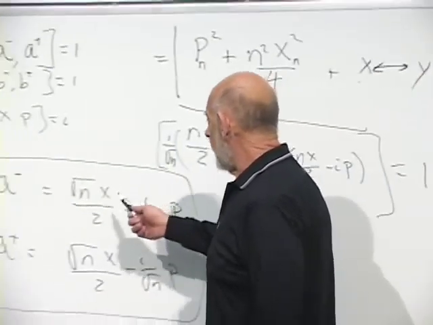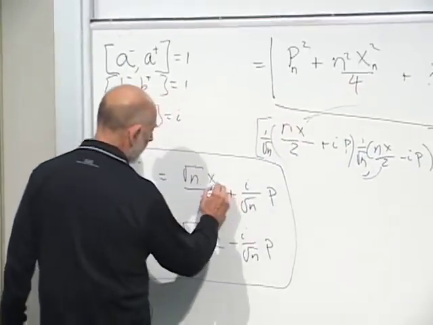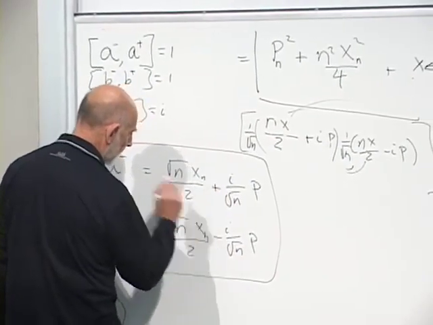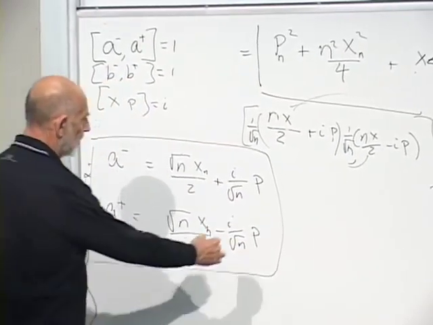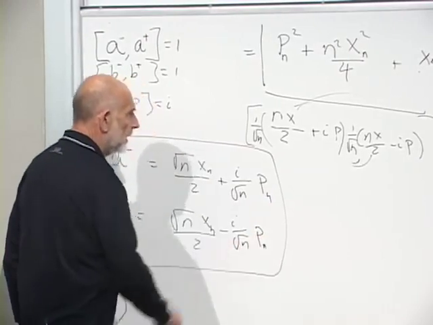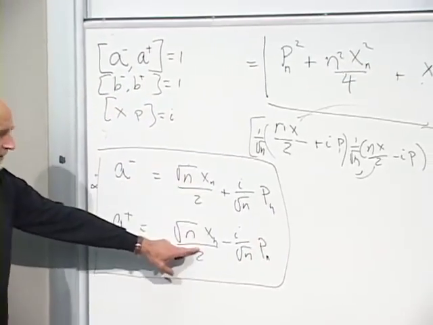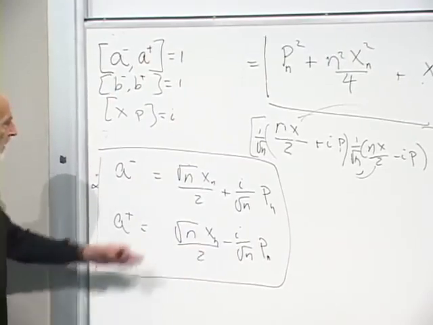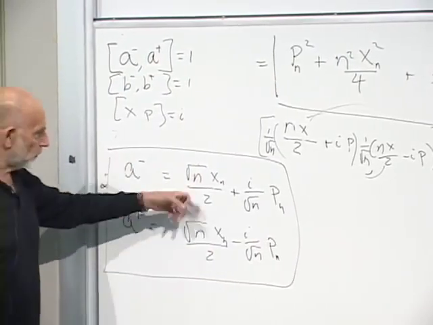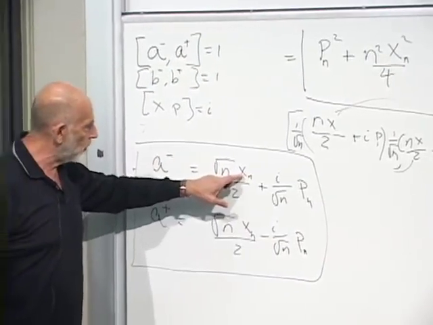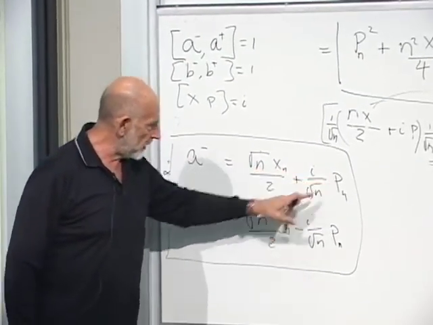All right, from this equation here, and let us put in the little symbol n here. Also goes here. Let's solve this equation for xn. Here's two equations, let's think of them as two equations for two unknowns, x and p.